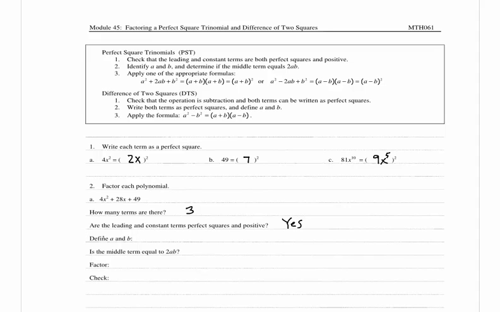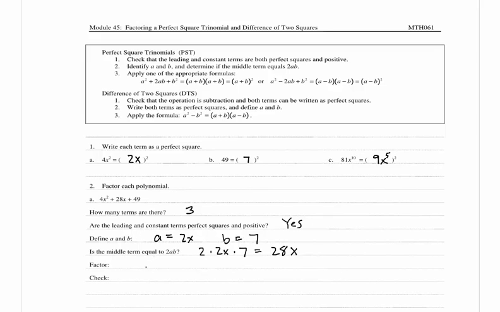And now it says define A and B. So A is equal to 2x, and B is equal to 7. And then it asks, is the middle term equal to 2ab? So if we do 2 times 2x times 7, we get 2 times 2 is 4, times 7 is 28, and then x. So the middle term is equal to 2ab, and now they want us to factor.